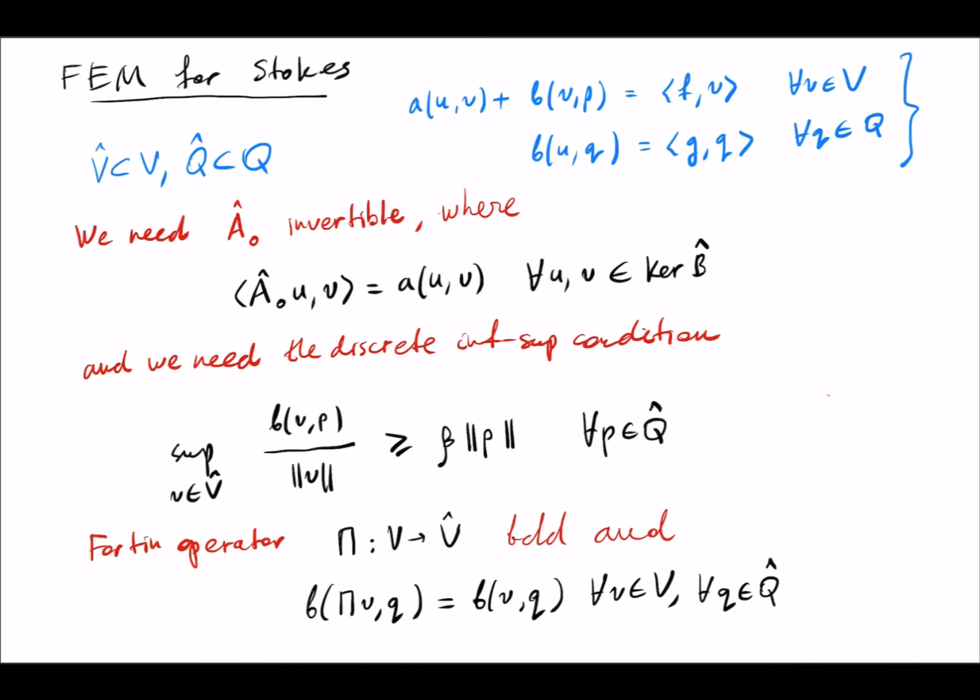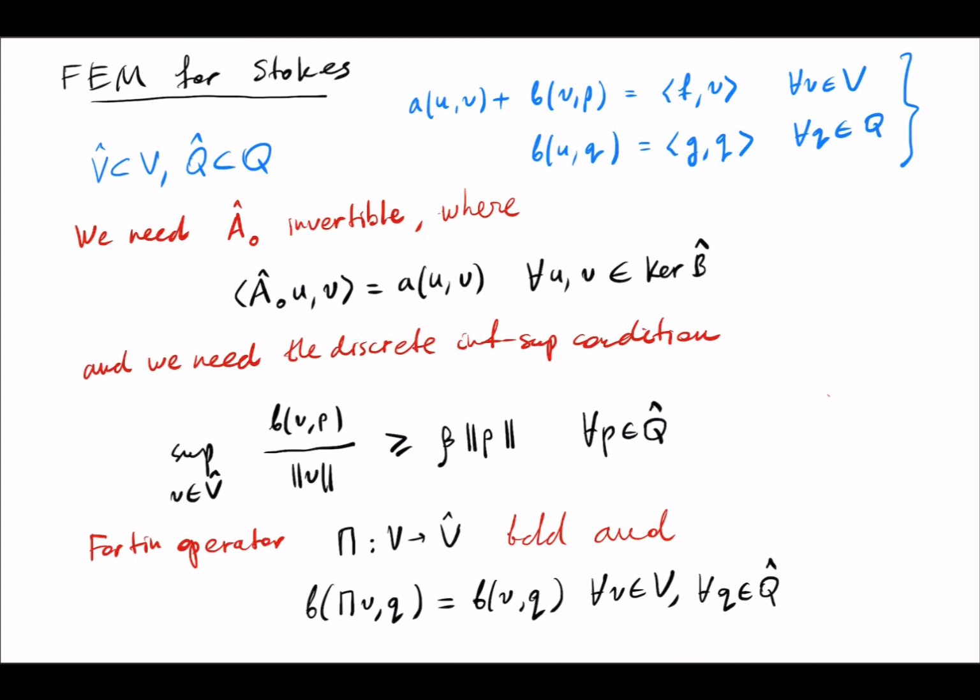First, we need to have this operator called A hat 0 invertible. A hat 0 is basically the operator A corresponding to this bilinear form restricted to the kernel of the discrete operator B hat. B hat is the restriction of the operator B defined through this bilinear form B, restricted to the discrete spaces V hat and Q hat.